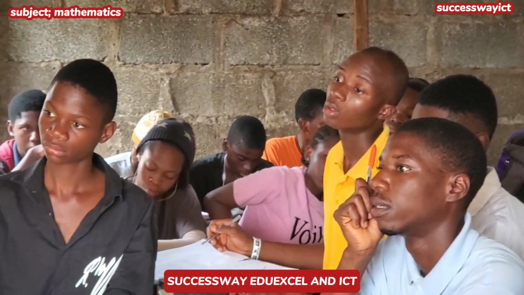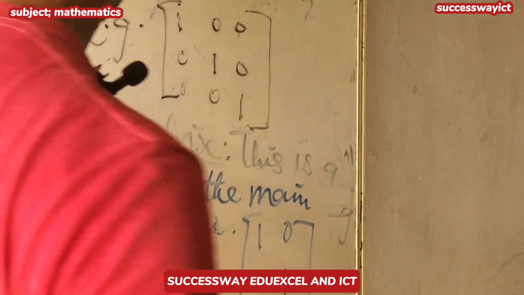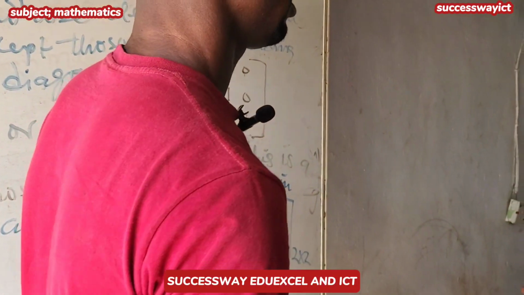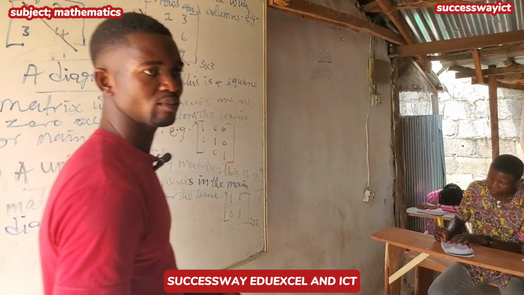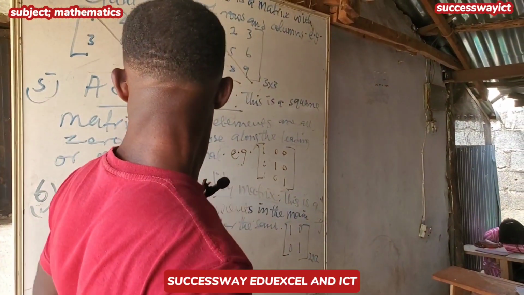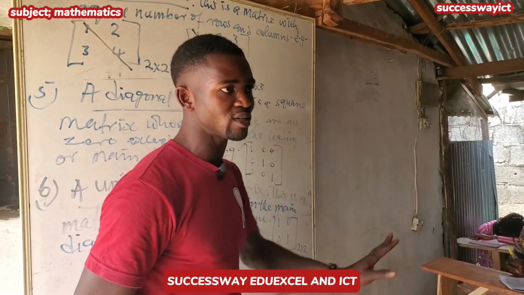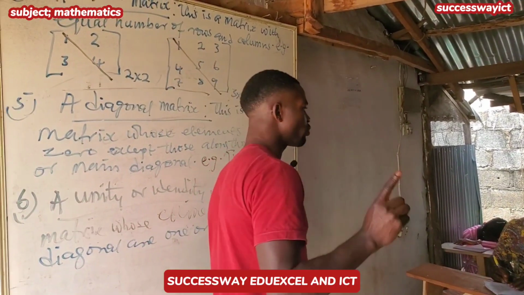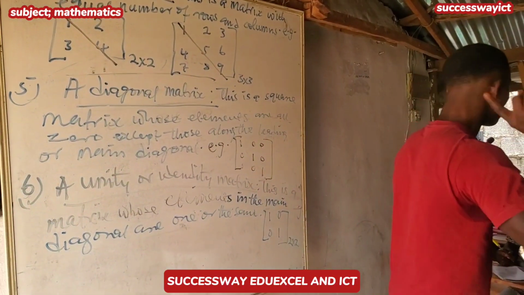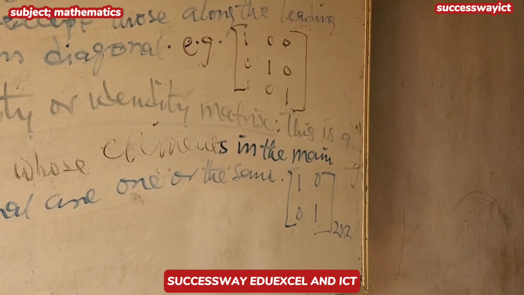I did not say 0, 1. They are the same, or 1. Is that clear now? Yes. It's a diagonal matrix which is also an identity matrix. It's also a square matrix.